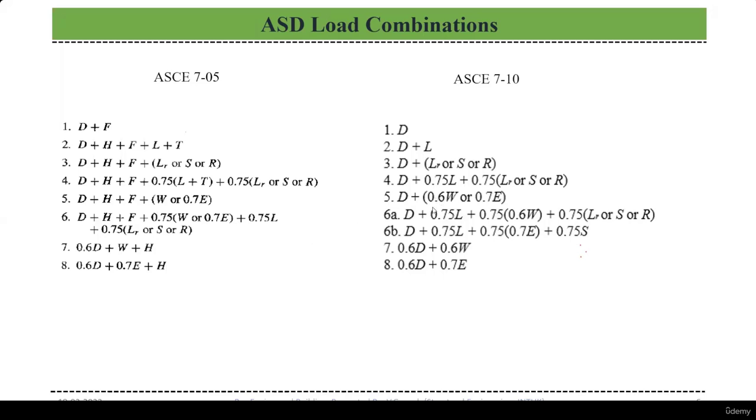That is, they are reducing the wind load here. Why are they reducing the wind load? As discussed earlier, ASCE 7-05 is based on basic wind speed, whereas ASCE 7-10 is based on ultimate wind speed. Ultimate wind speed is always higher than basic wind speed.